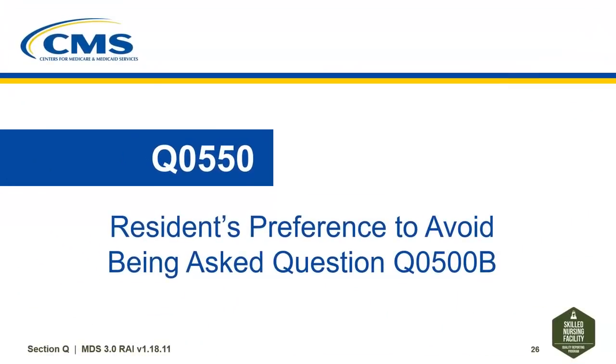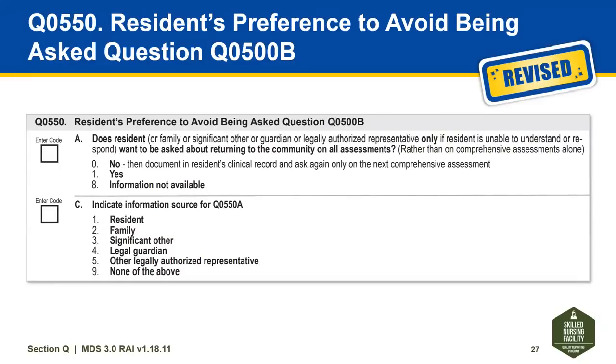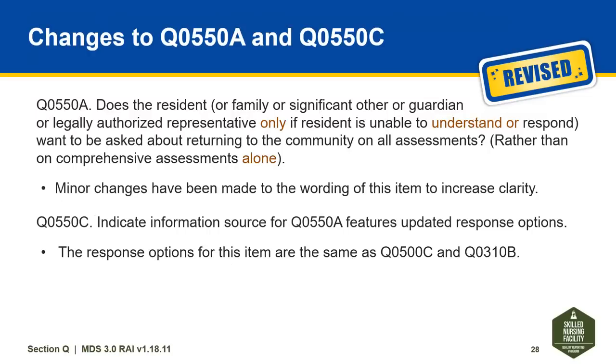Now we will examine the changes to Q0550, residents' preference to avoid being asked question Q0500B. Note the updated response options for Q0550C. For Q0550A, does the resident or family or significant other or guardian or legally authorized representative, only if resident is unable to understand or respond, want to be asked about returning to the community on all assessments rather than on comprehensive assessments alone?